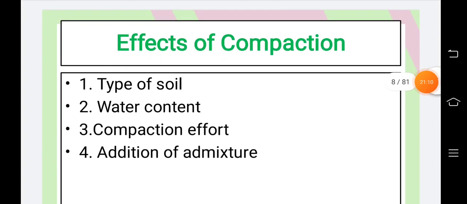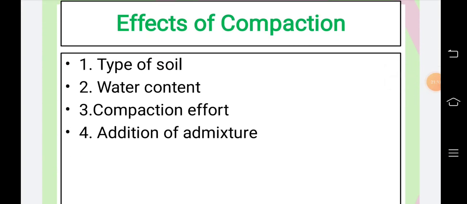Then the next one: what are the various effects of compaction? From a theory point of view, what are the most likely questions? I will share the most likely questions, as I already shared for unit number 1 and unit number 2. In the same way I will share for unit number 3. The first question is what is the difference between compaction and consolidation.